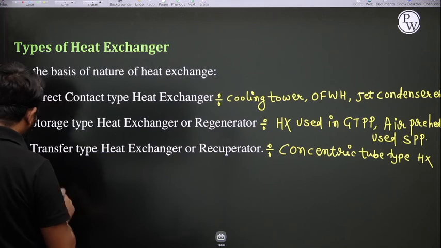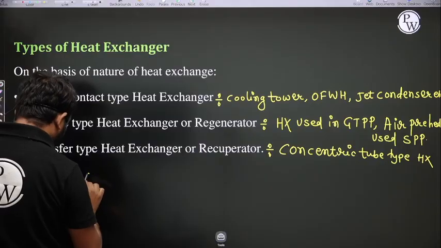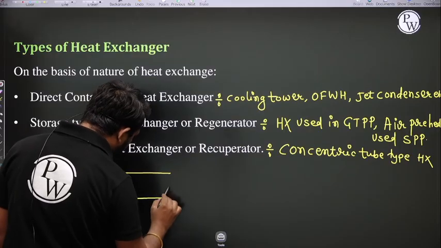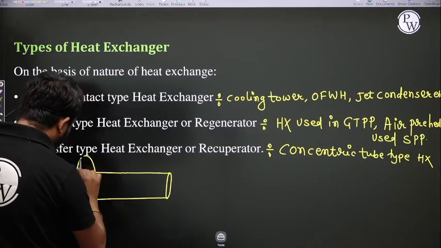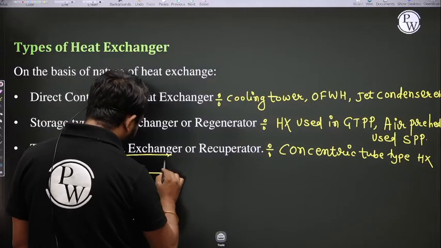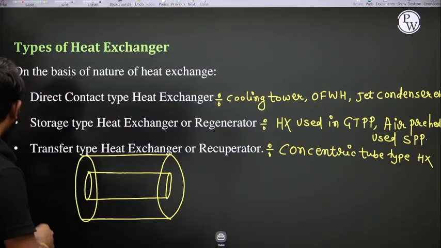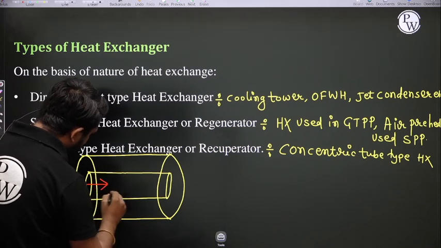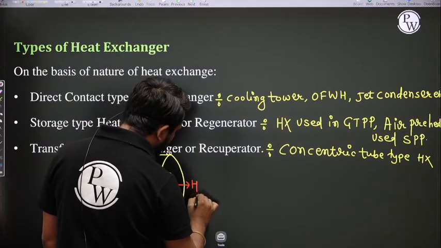See here, in the concentric tube type of heat exchanger, there is one tube and there is another tube which is concentric to the previous one. Let us assume that the hot fluid passes through the inner tube. This is the hot fluid.